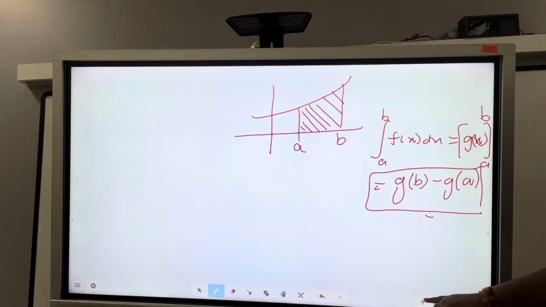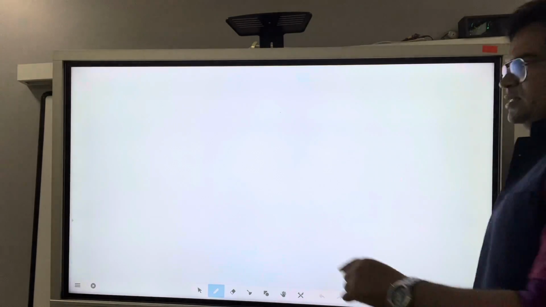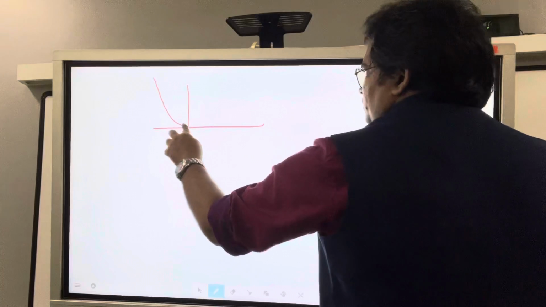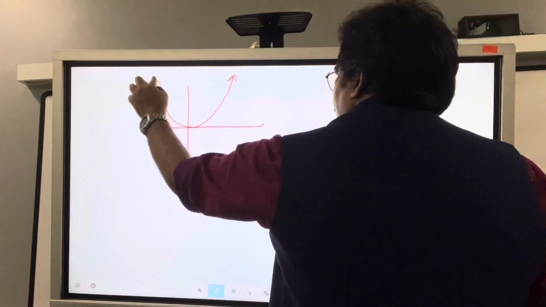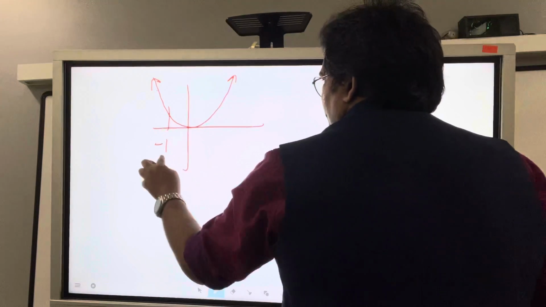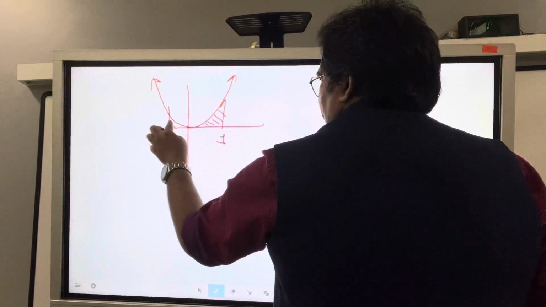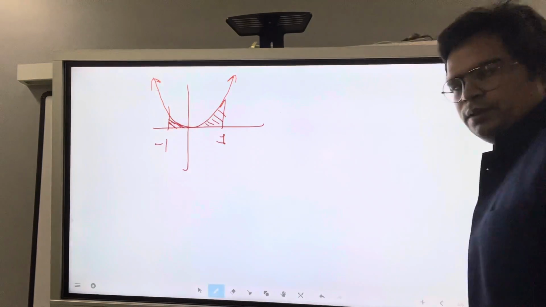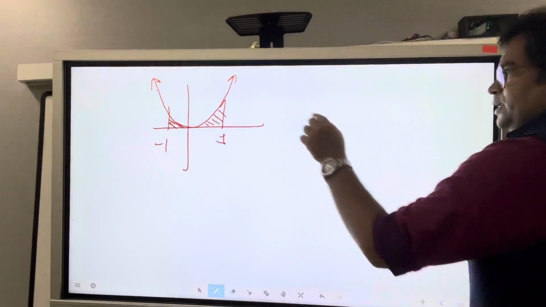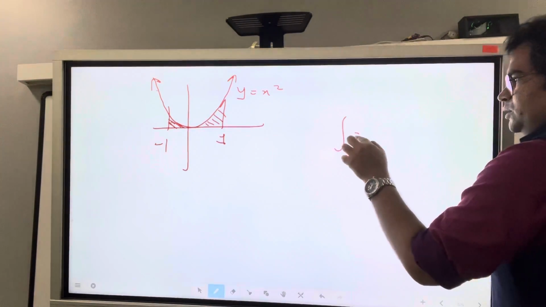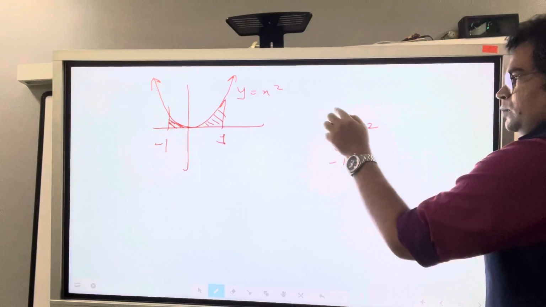And of course, let's take an example. Suppose I've got the graph y equals x squared, and I wanted to find the area bounded by the graph and the x-axis from negative 1 to 1. So I integrate the x squared function from minus 1 to 1.